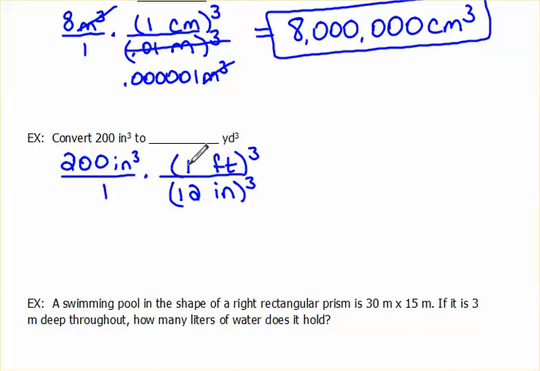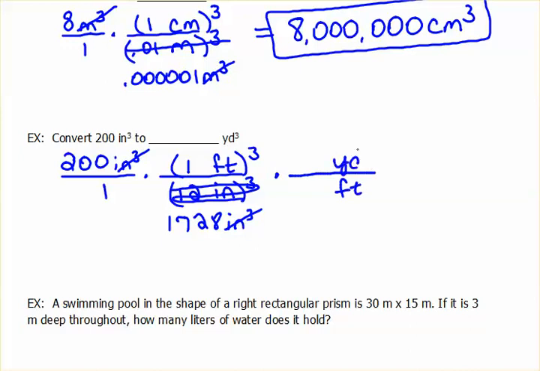When we do that, 1 foot cubed becomes 1 cubic foot. And when we cube 12, we end up with 1728 cubic inches. Now our cubic inches will cancel, but we're left with cubic feet, and we don't want that. So I'm going to do another conversion factor from feet to yards.